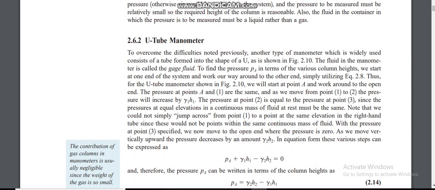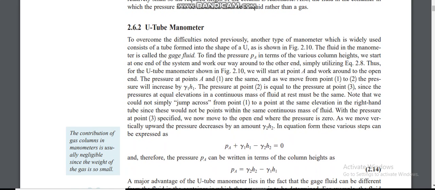Now moving toward it, it is widely used and consists of a tube formed into the shape of a U, as shown in figure 2.10 above. The fluid in the manometer is called the gauge fluid, and to find the pressure PA in terms of various column sizes, we start at one end of the system and work our way around to the other end. Okay.